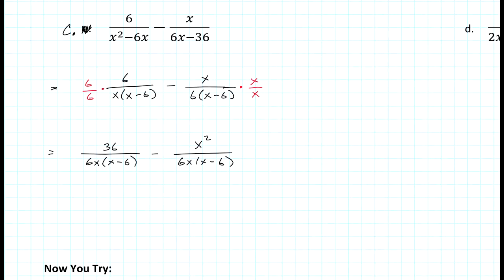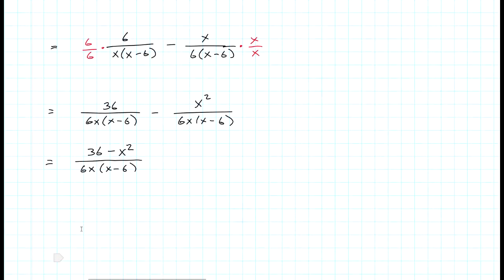Cool, so now we've got our common denominator, and we can bring these together as 36 minus x squared over 6x times x minus 6. And so far we haven't canceled anything, right? We haven't changed our domain in any way because we haven't canceled anything. Let me give myself a little more room here.